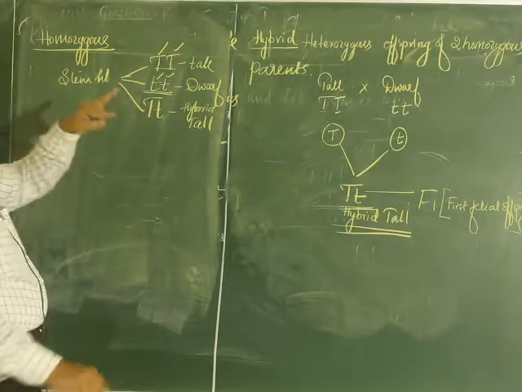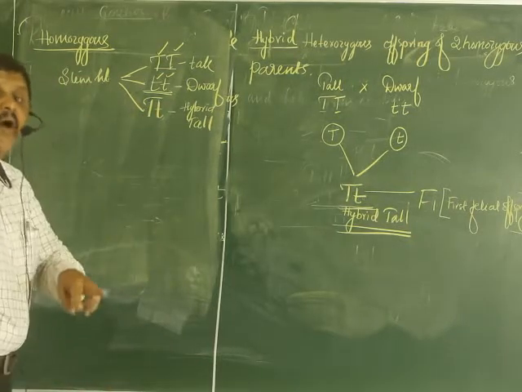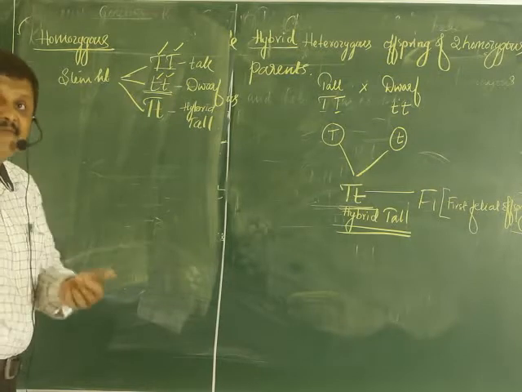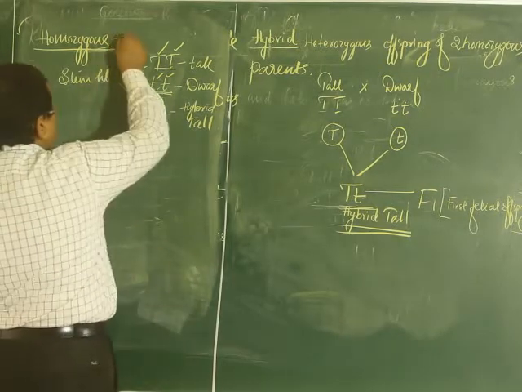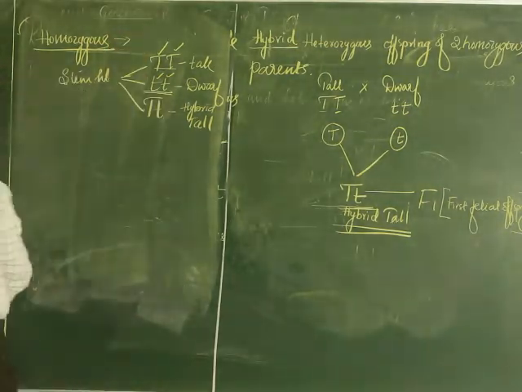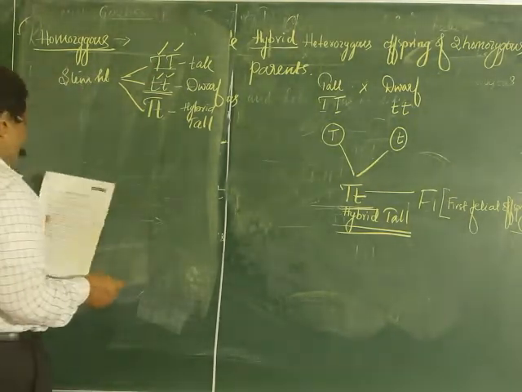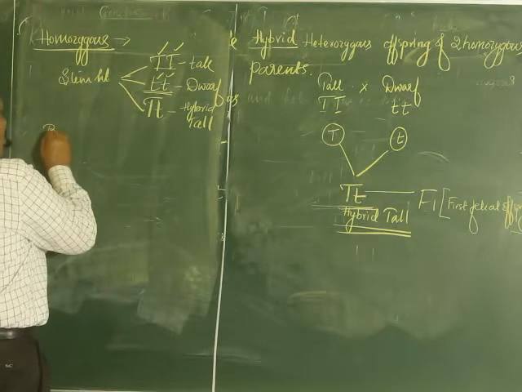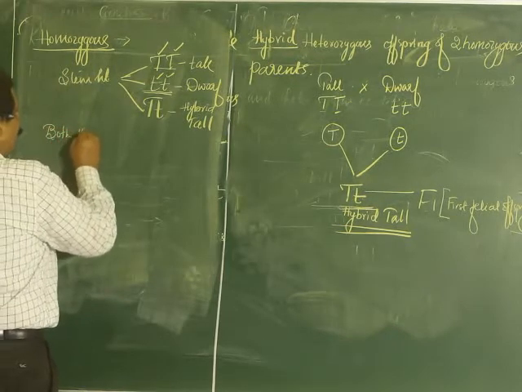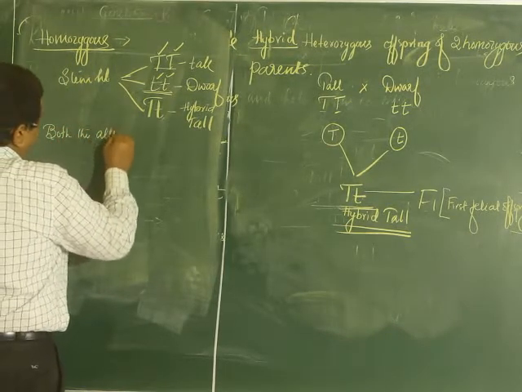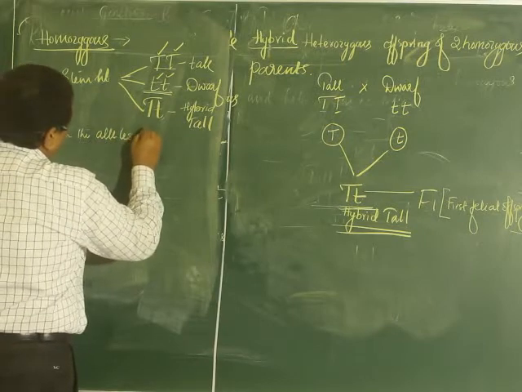If both the alleles representing one character are expressed in the same way, then it is called homozygous. So, what is the definition?